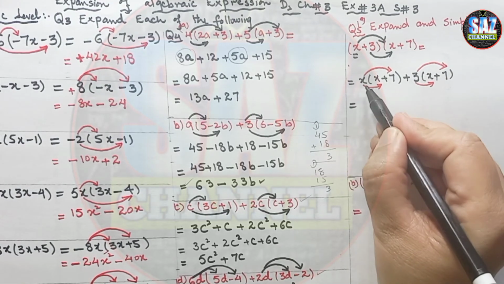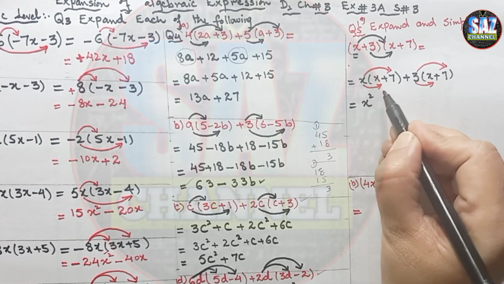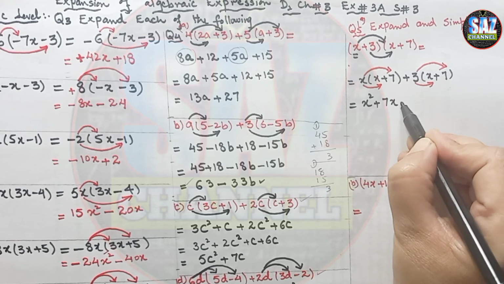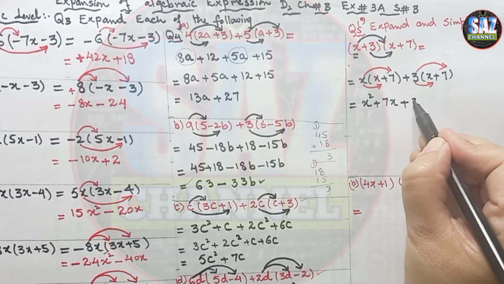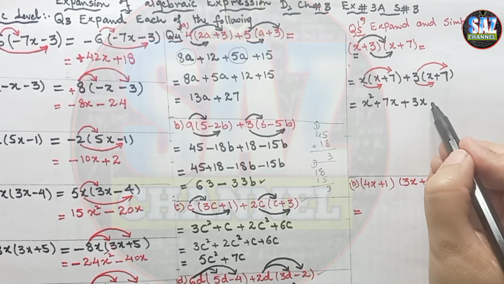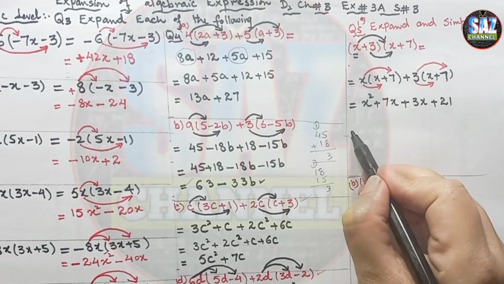So x multiplied by x is x square, and when 7 is multiplied by x it becomes 7x, and then 3x, plus 7 times 3 is 21. I should have a good hold on the tables.